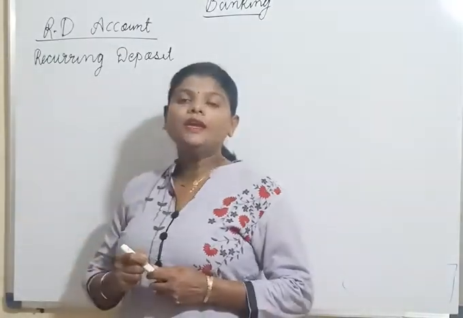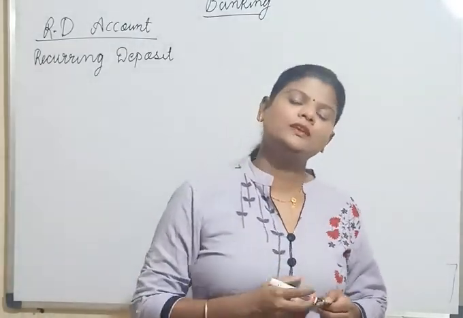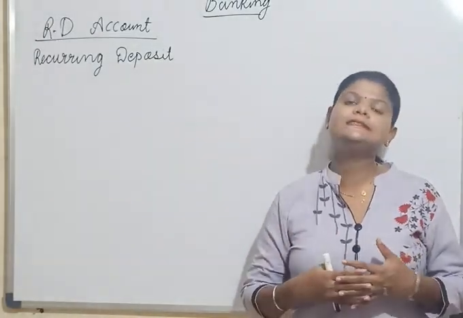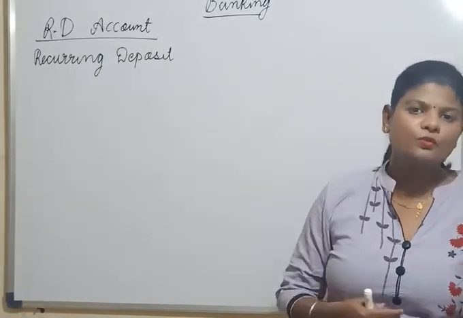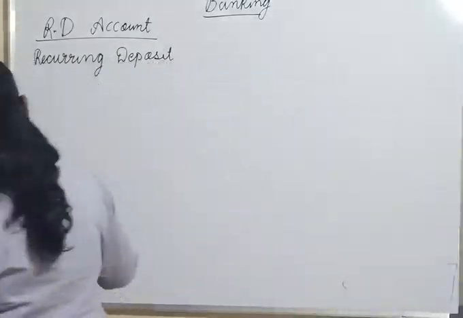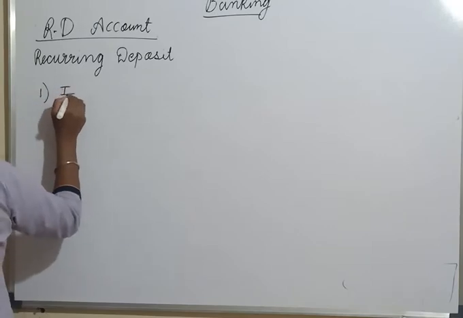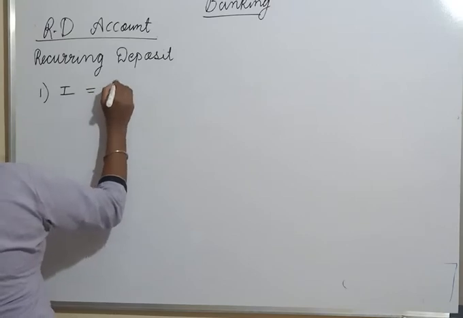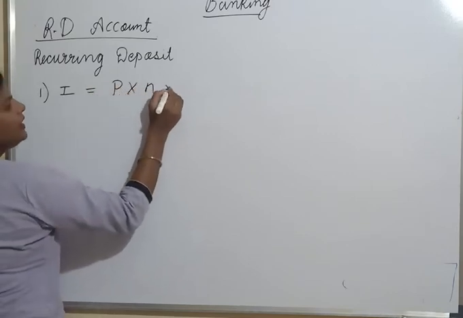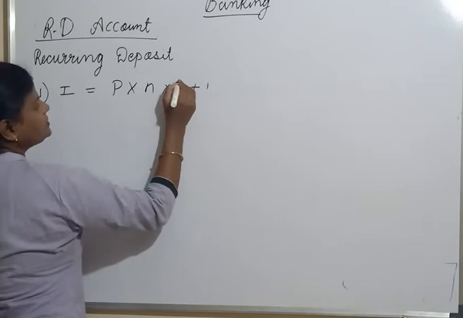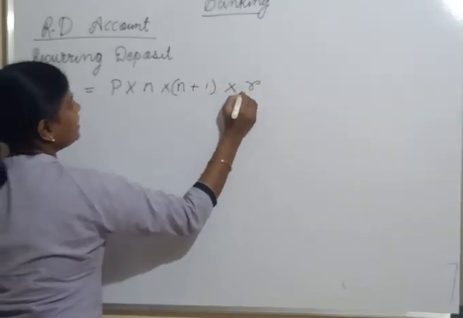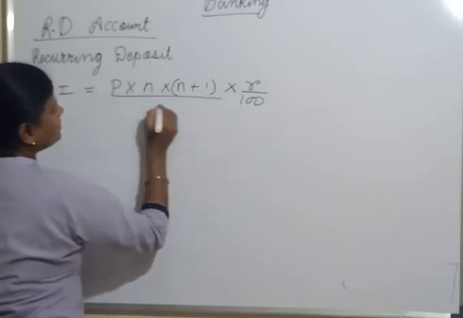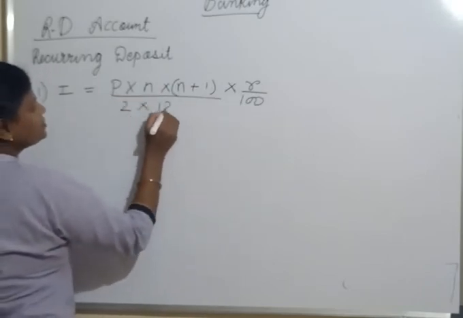Here in this lesson, the problems depend on just two formulas. Number one is the formula for interest: I equals P into N into (N plus 1) into R upon 100, divided by 2 into 12.